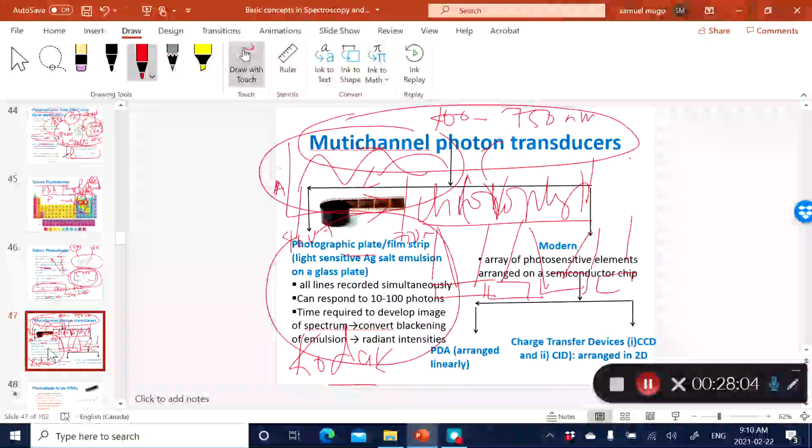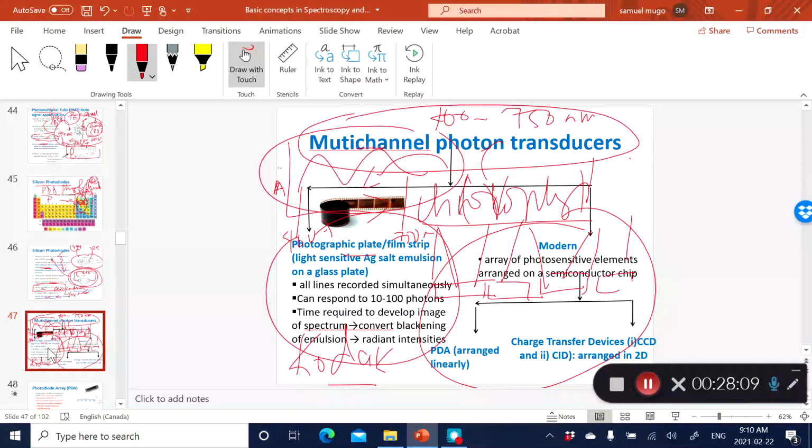But of course, that one is not a very sensitive type of detector, and so my focus really is on modern multi-channel detectors, which are an array of the photosensitive elements that I just talked about.